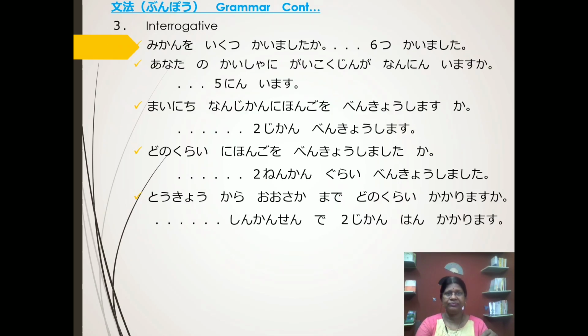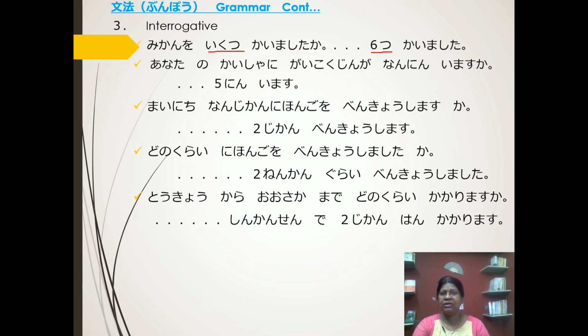Next, interrogatives. How do you put a question sentence with a counter suffix? Mikan o ikutsu kaimashita ka? Mutsu kaimashita.